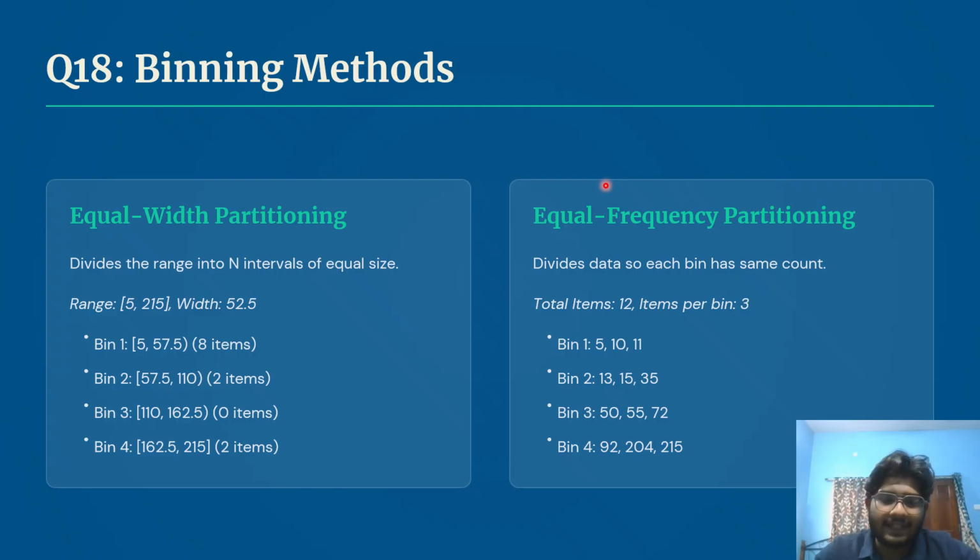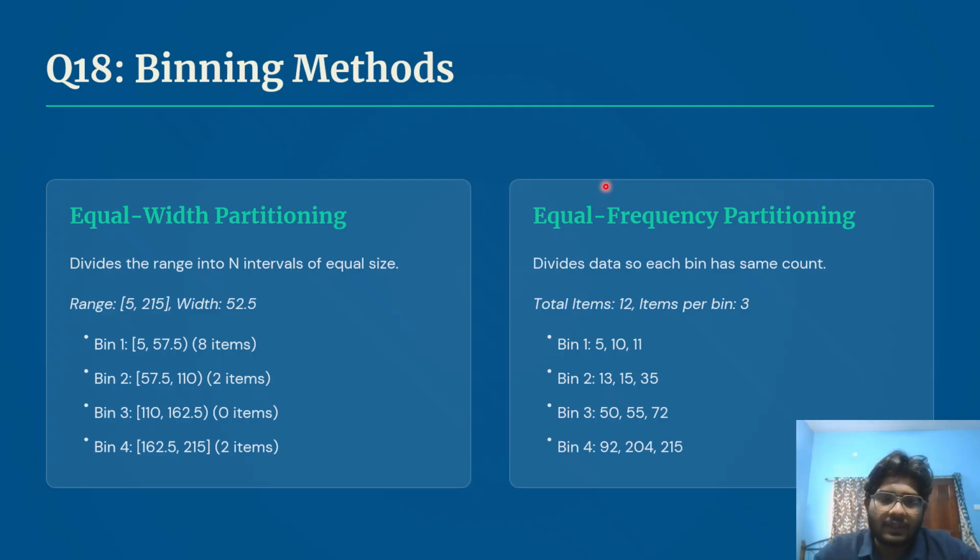Now we will divide it by 4 bins, and that will give us 52.5 as the width. Now bins are created with the intervals.